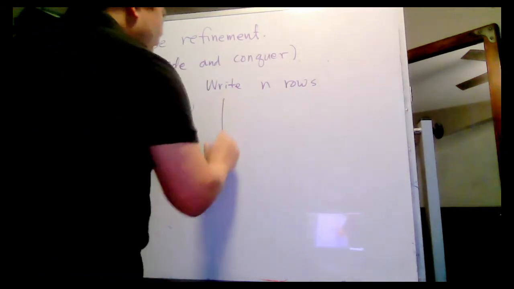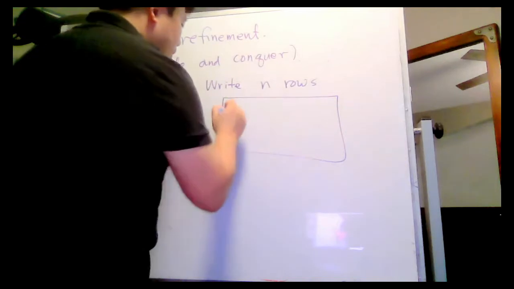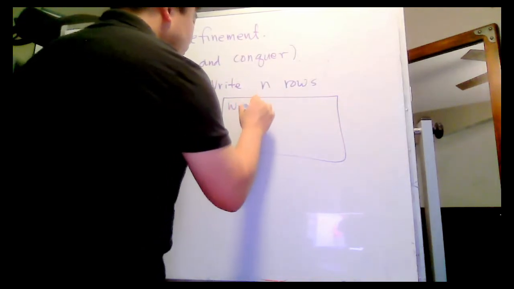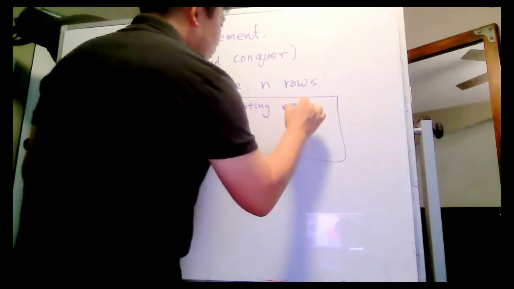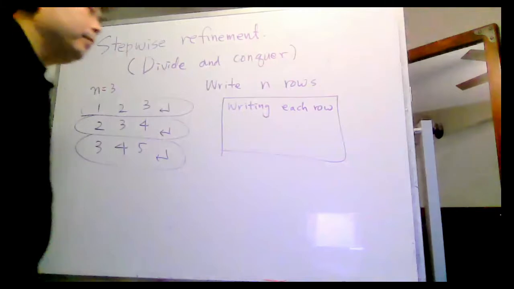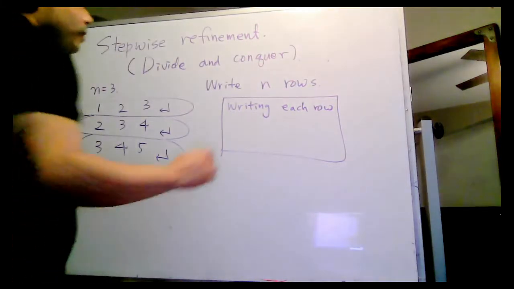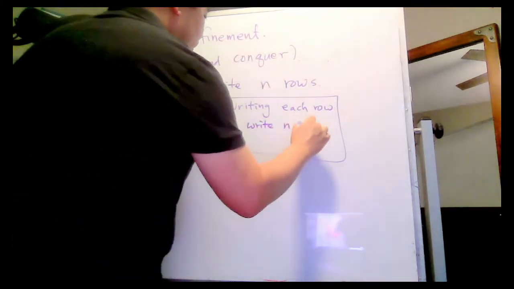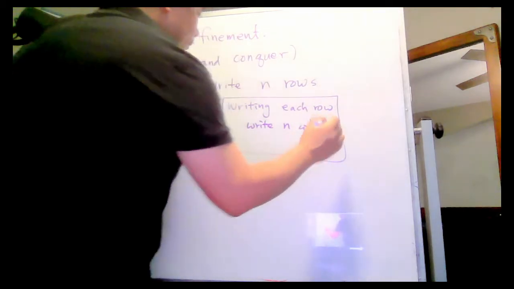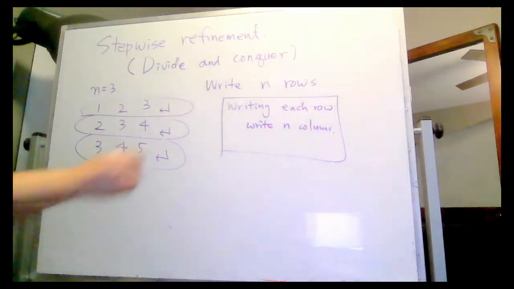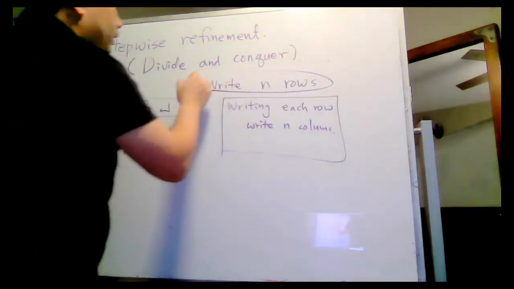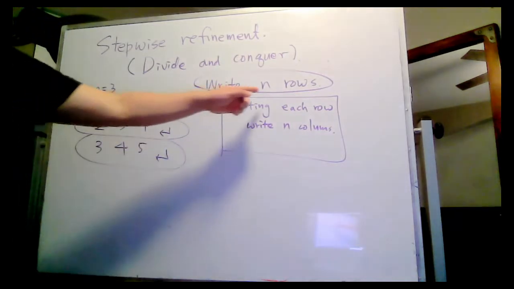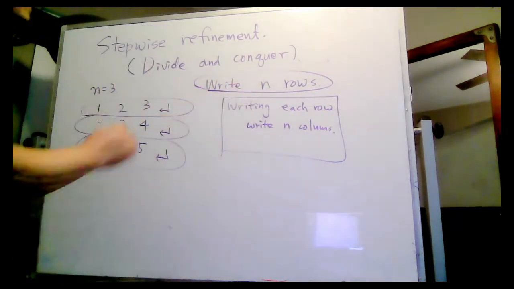You have to refine writing each row. Well, you have to write n columns. So n rows means you have to repeat this task of writing rows n times. That's a loop.